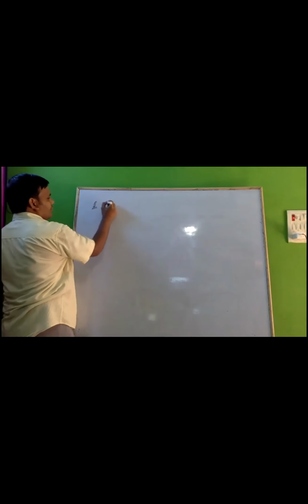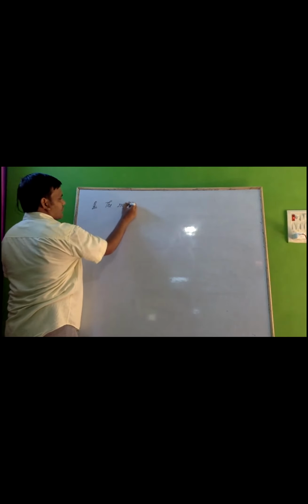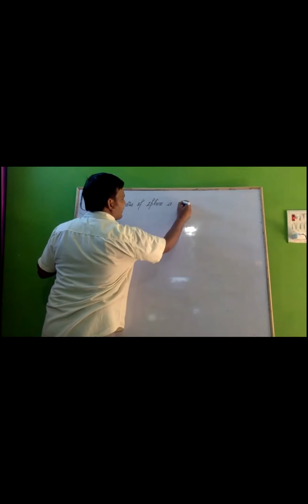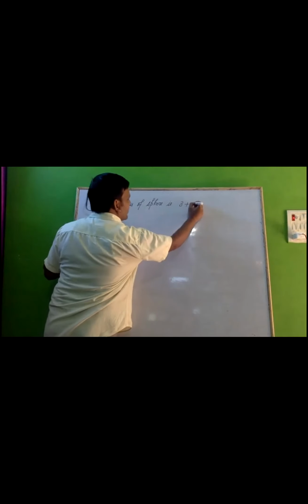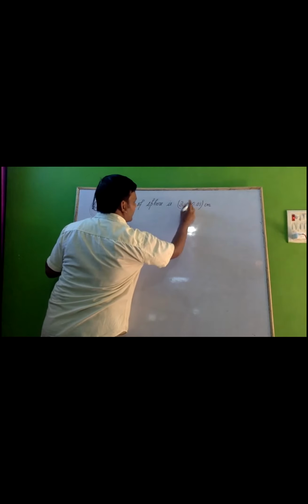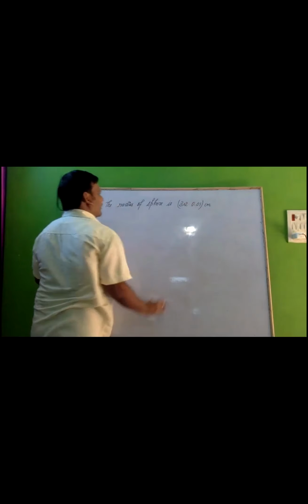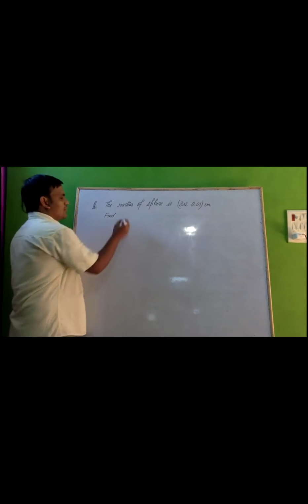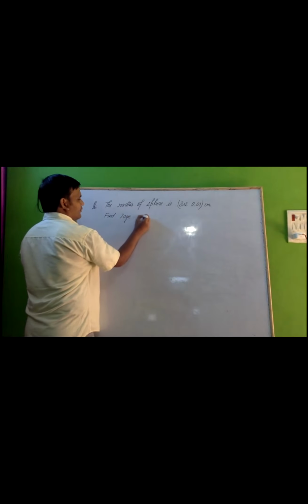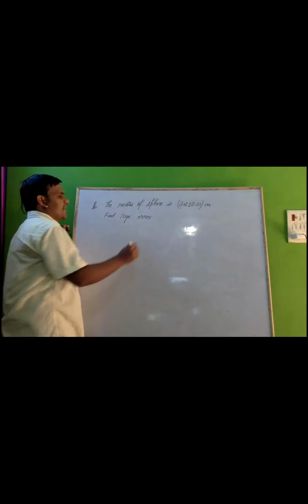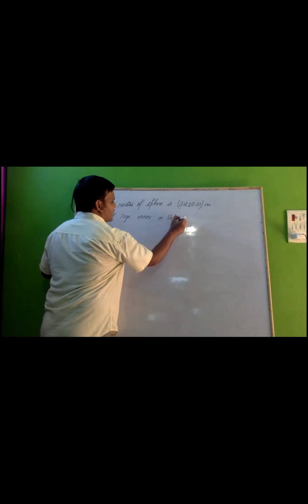So the question is, the radius of a sphere is 3.02 plus minus 0.01 centimeter. Find the percentage error in the volume of the sphere.